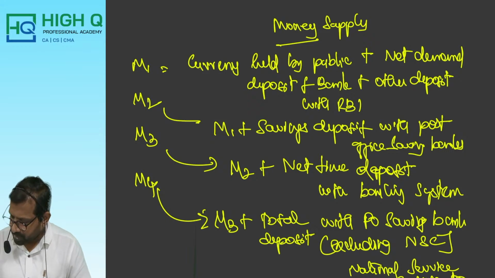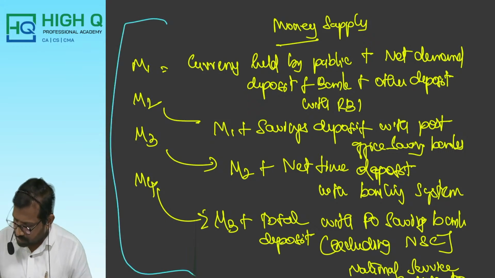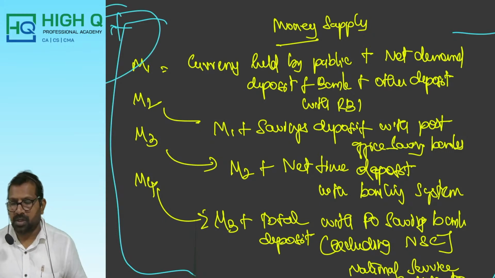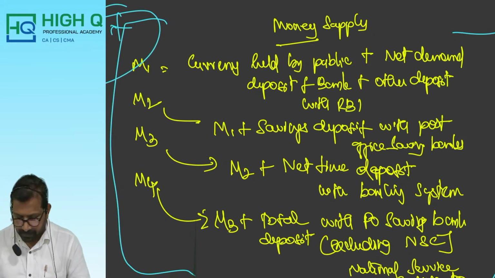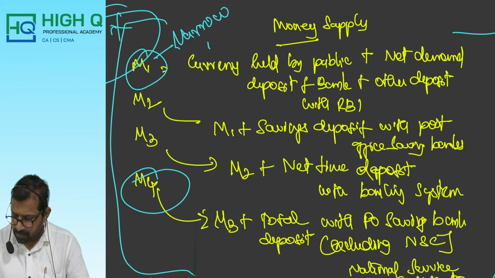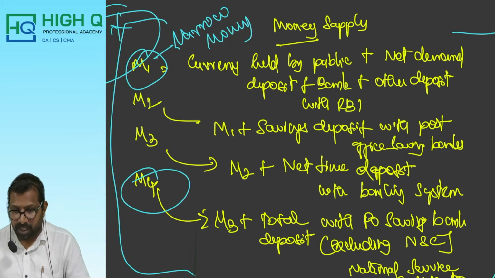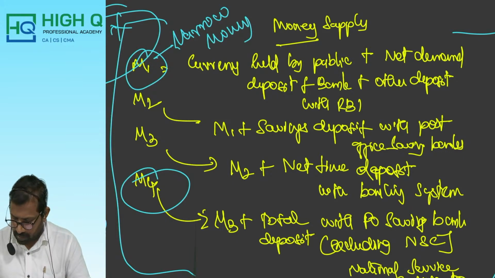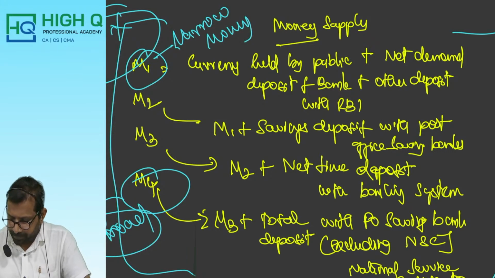Students, this concept is very important for examination. Here there are two: M1 and M4. M1 is called narrow money, M4 is called broad money.